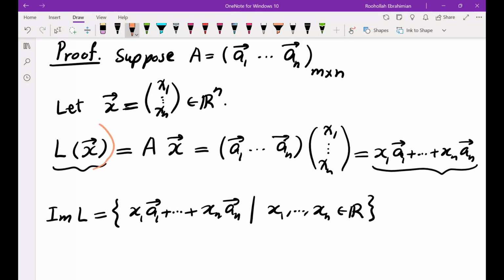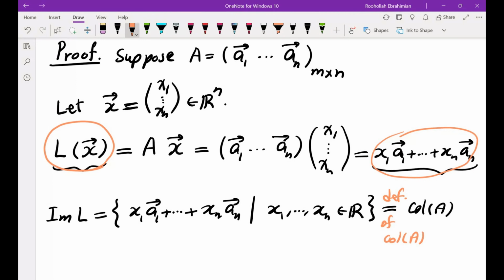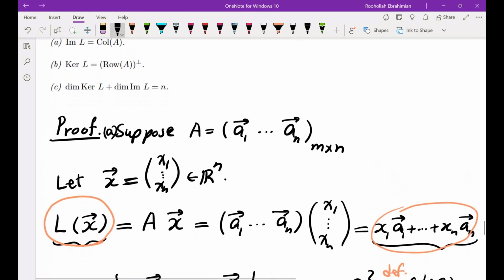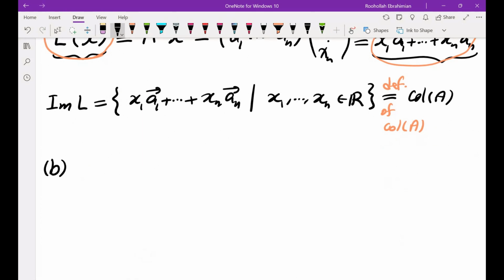All I did, I substituted L of x with that. But that is exactly the definition of the column space. So the image of L is just the column space of A. Let's look at the second part of this.